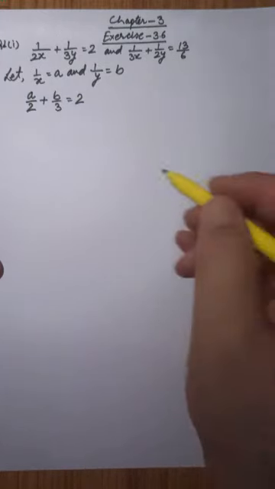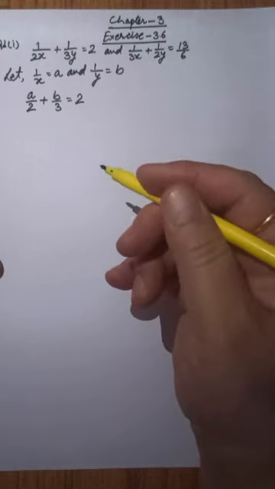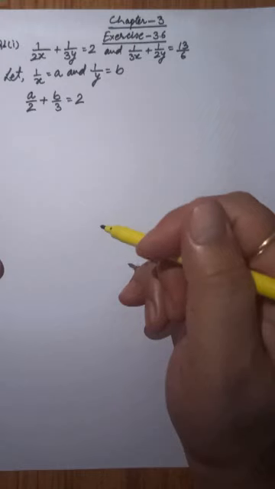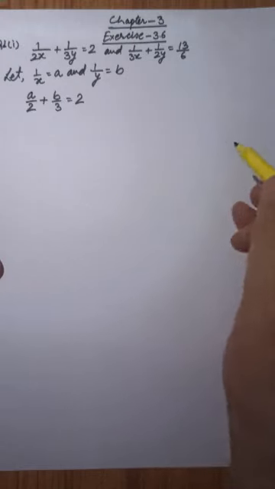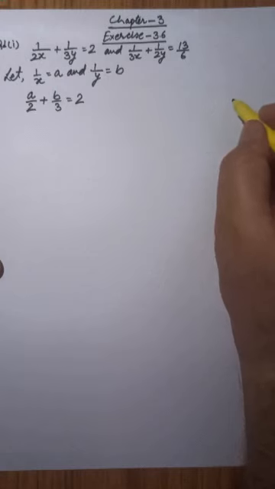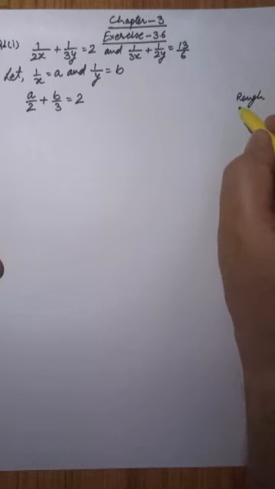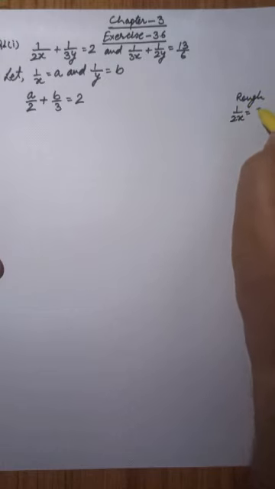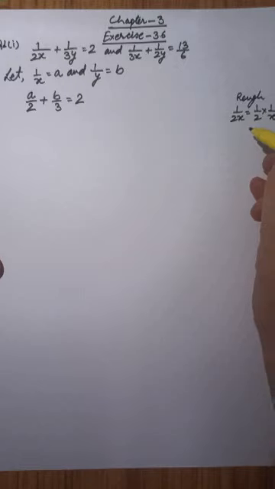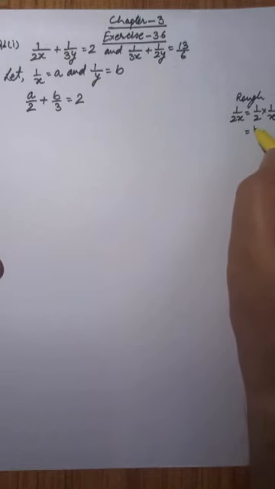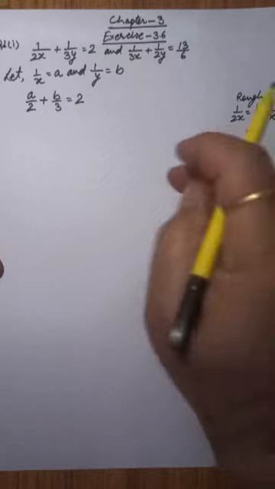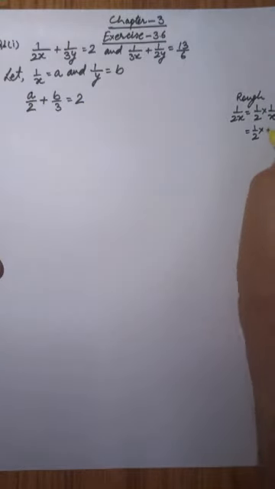Some students get confused that it must be 2a. But you can see 1 upon 2x can be written as 1 upon 2 into 1 upon x. 1 upon x is a, so we write a, and a into 1 is a, and this is 2.